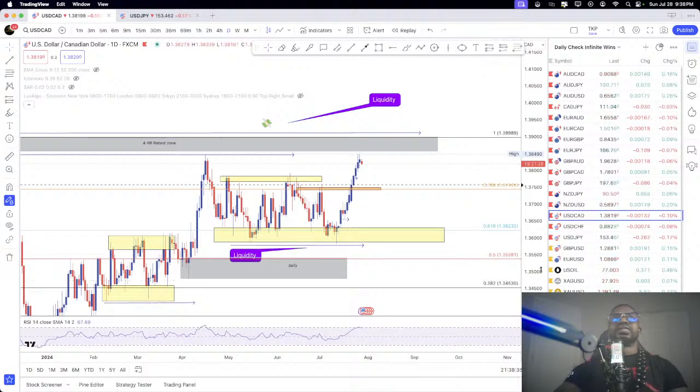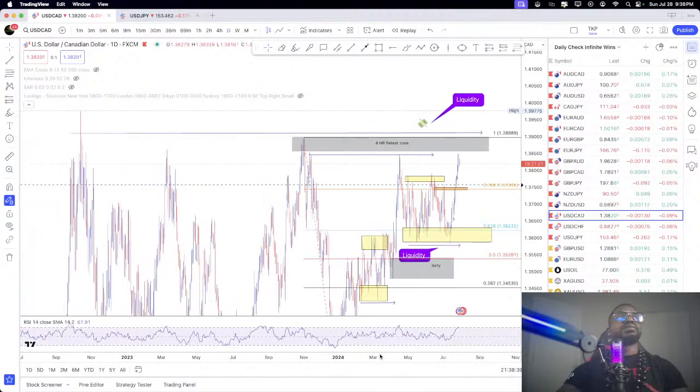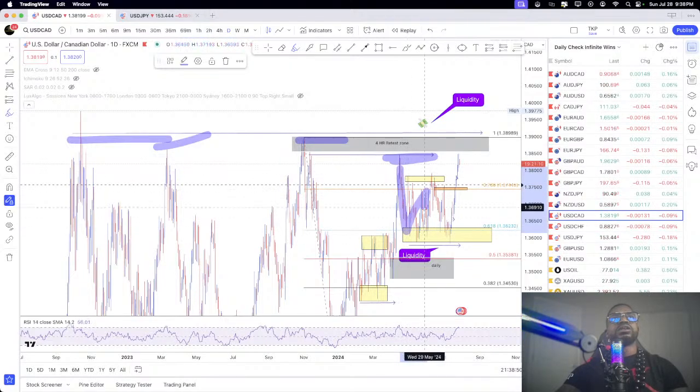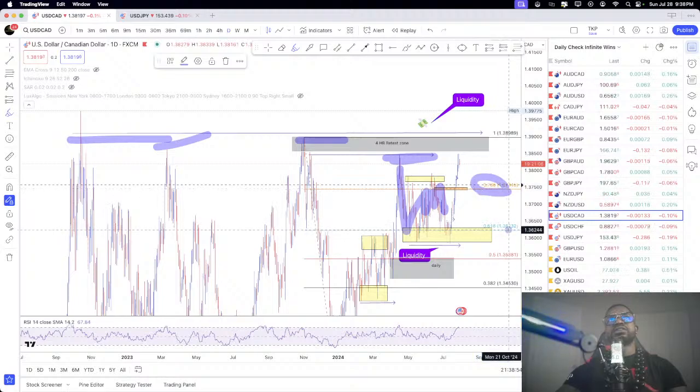So right now we're on the daily. Just looking at this daily and looking at all of the touches that we had right here at these highs, and this retest here before price started to consolidate between this 786 and this 618.